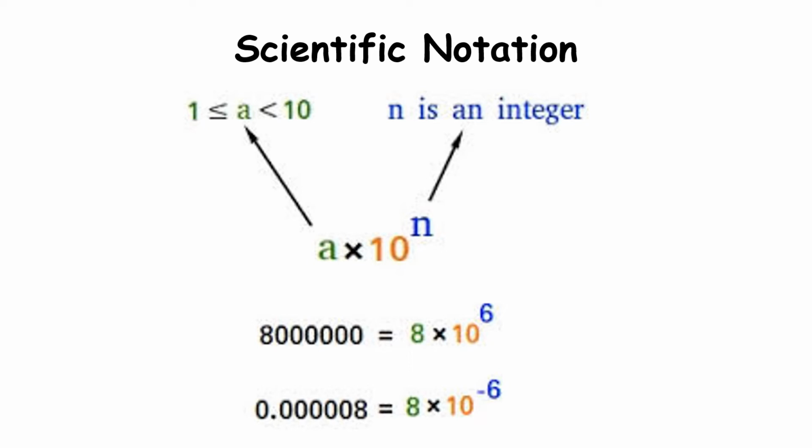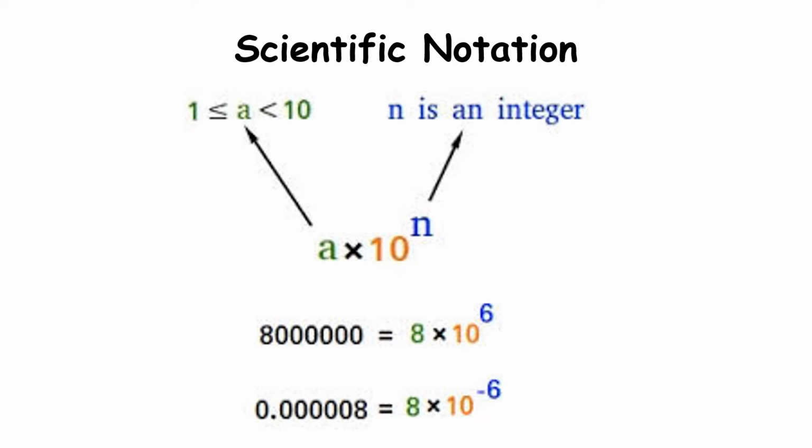That power n should be an integer, a positive or negative whole number. Here are some examples. 8 million is 8 by 10 to the power of 6, and 0.000008 is 8 by 10 to the power of minus 6.